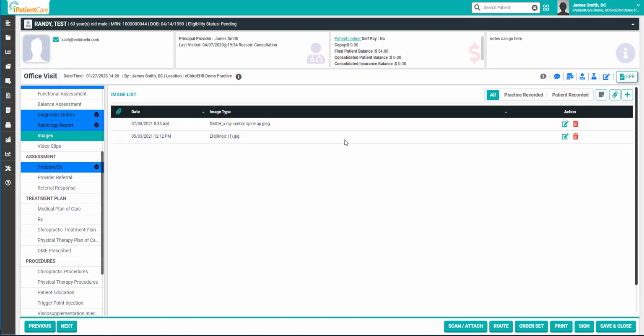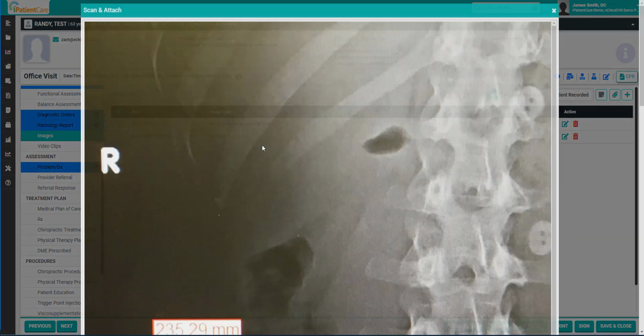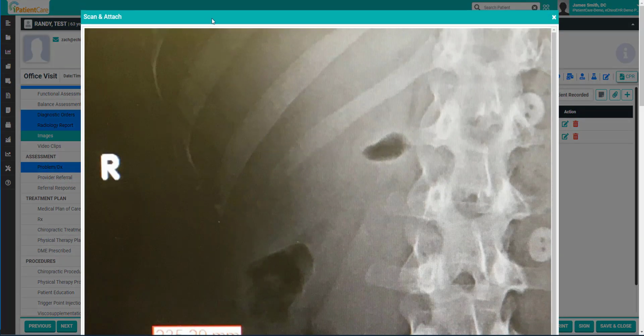So the image section is where you can bring in images. So you can have an image of a radiograph, which you see here.